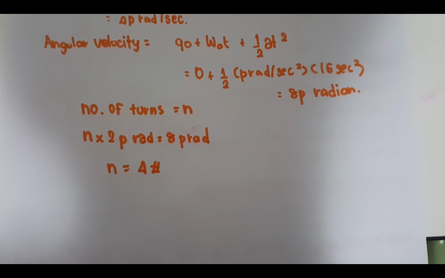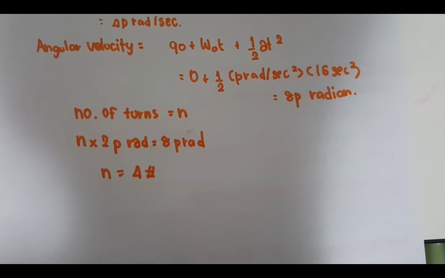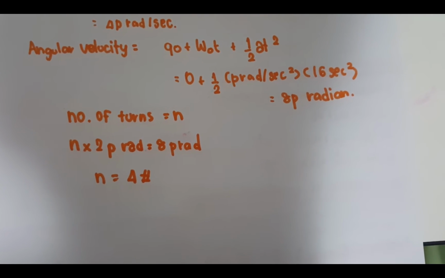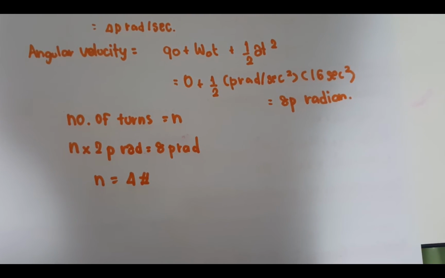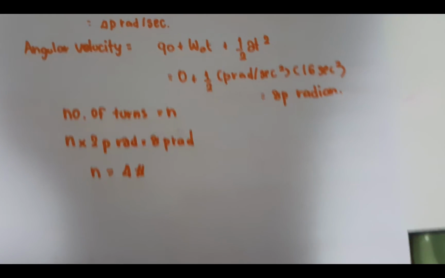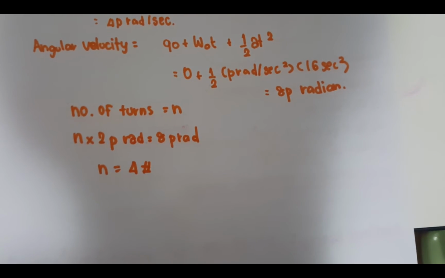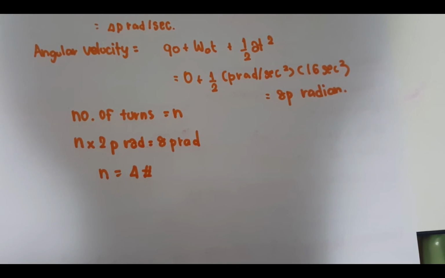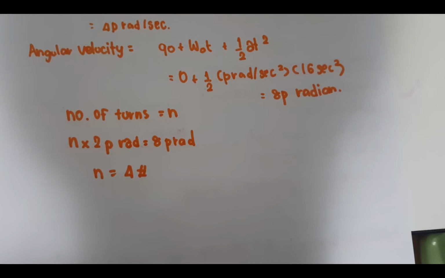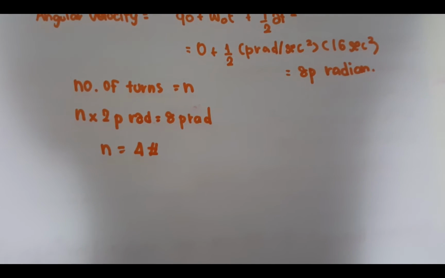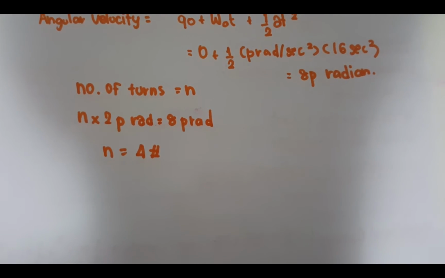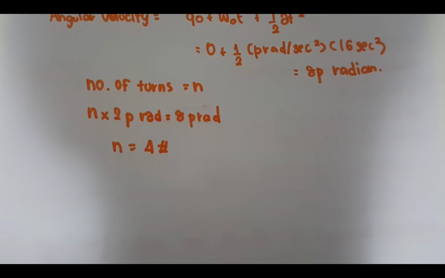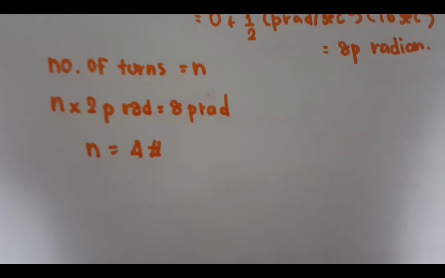The angular velocity is 4π radians per second. θ equals θ0 plus ω0t plus 1 over 2 αt squared. So 0 plus 1 over 2 times π radians per second squared times 16 seconds squared equals 8π radians. Let the number of turns be n, then n times 2π radians equals 8π radians, and n equals 4.